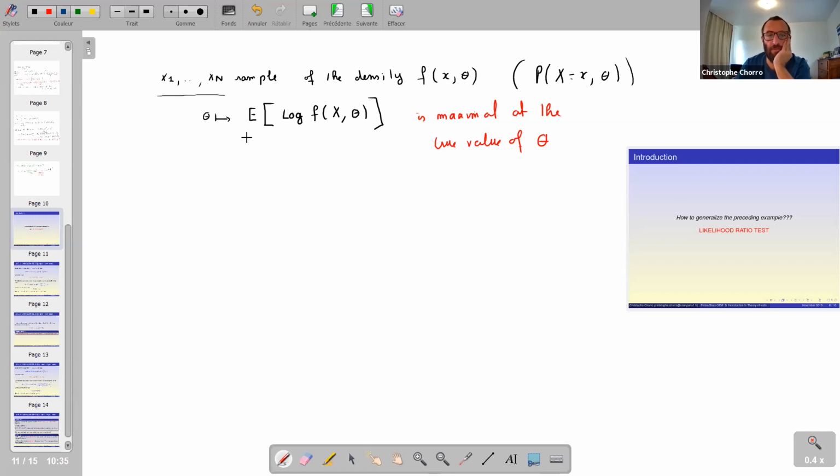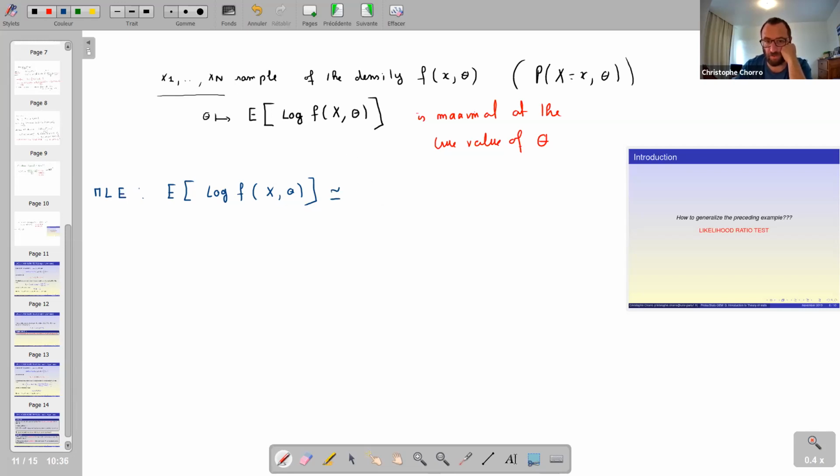Keep in mind that in order to define the maximum likelihood estimator, what I have done is approximate this expectation, as in the chapter concerning sampling, by the sample mean based on these observations.